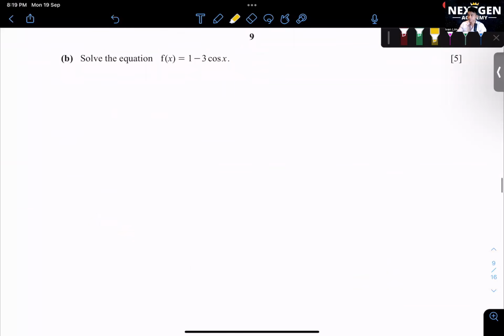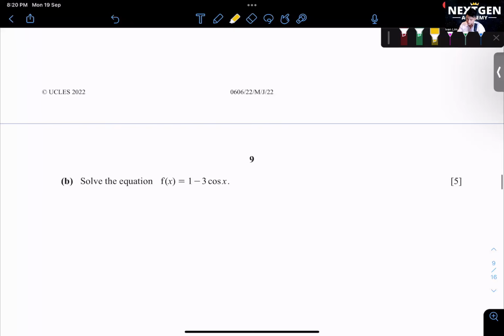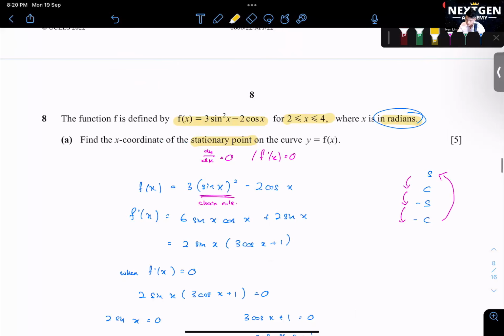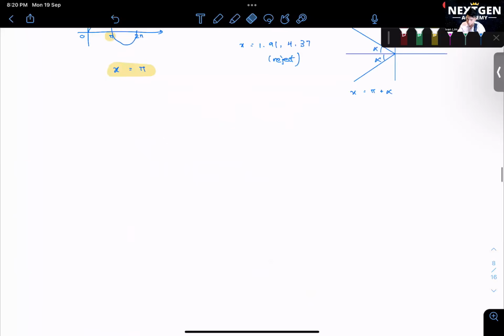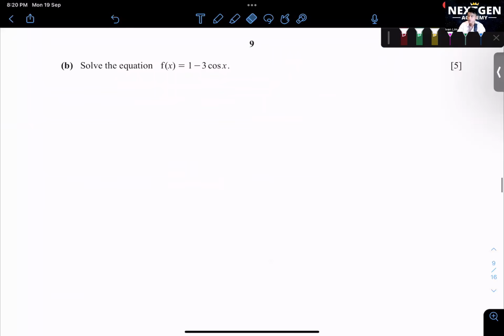Okay, question B. Solve the equation f(x) equals to 1 minus 3 cos x. Okay, f(x) was what? f(x) was 3 sine square x minus 2 cos x. So we just need to solve this. This is a trigo question, right? 3 sine square x minus 2 cos x equals to 1 minus 3 cos x.